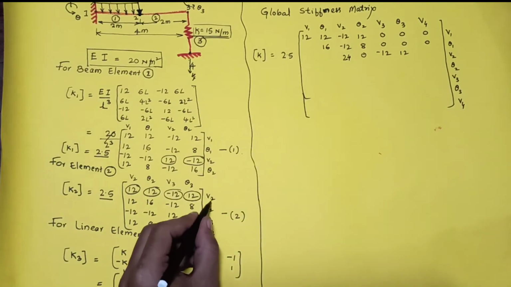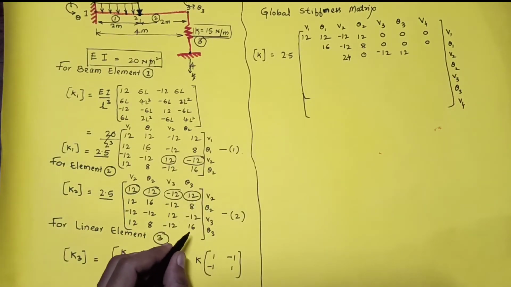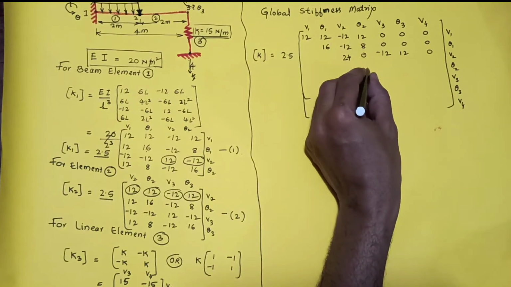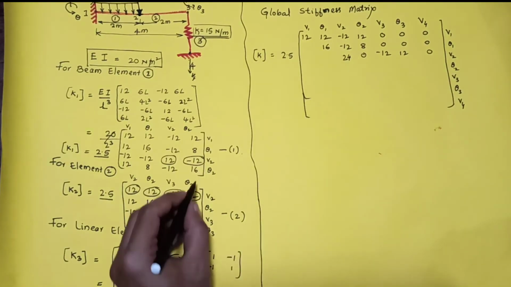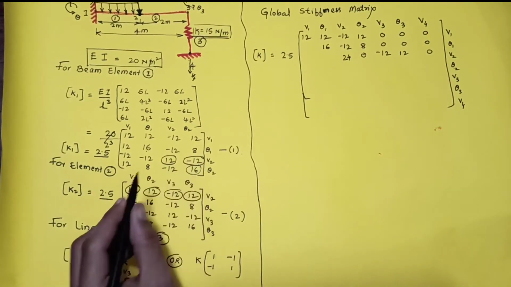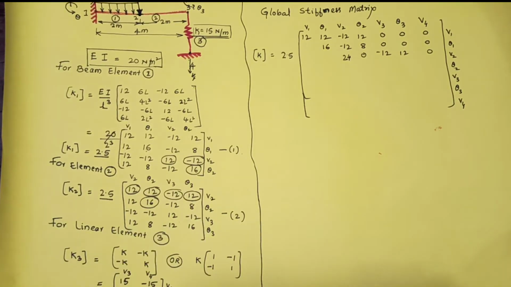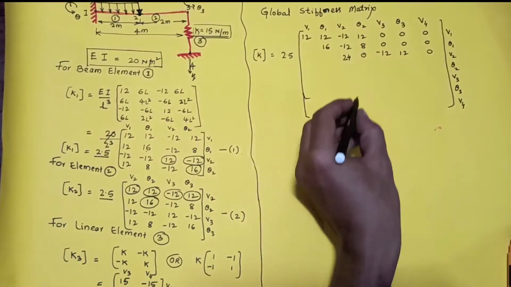V2 V4: no link between 2 and 4, so it will be 0. Now theta 2 theta 2: theta 2 you will have 16, and again 16, so 16 plus 16 is 32. So you can write 32 here.